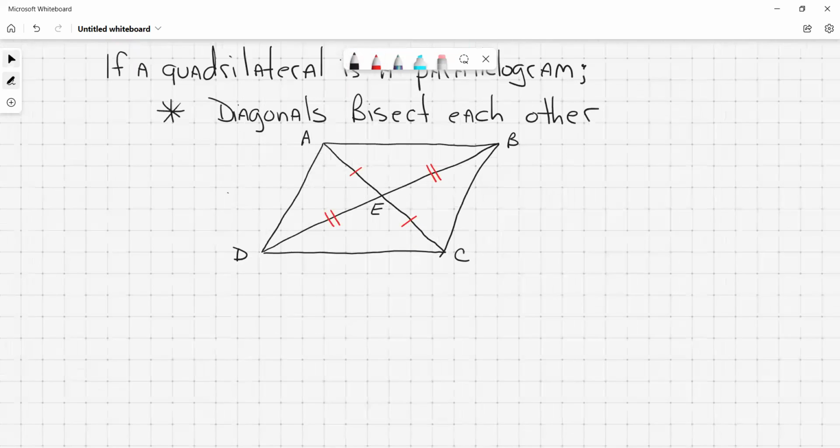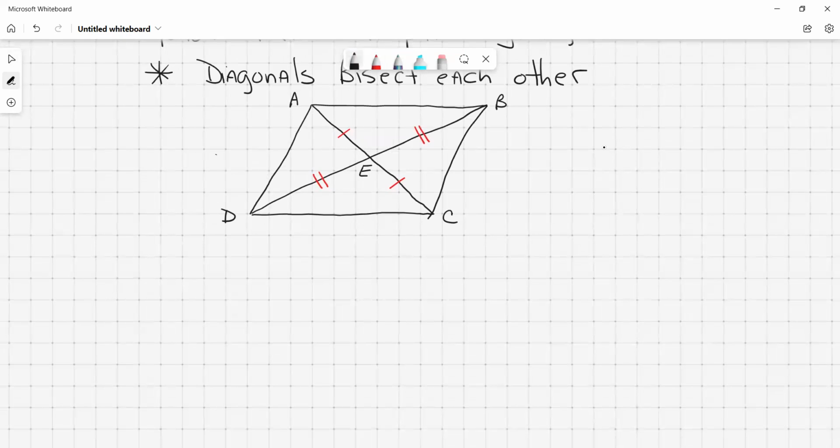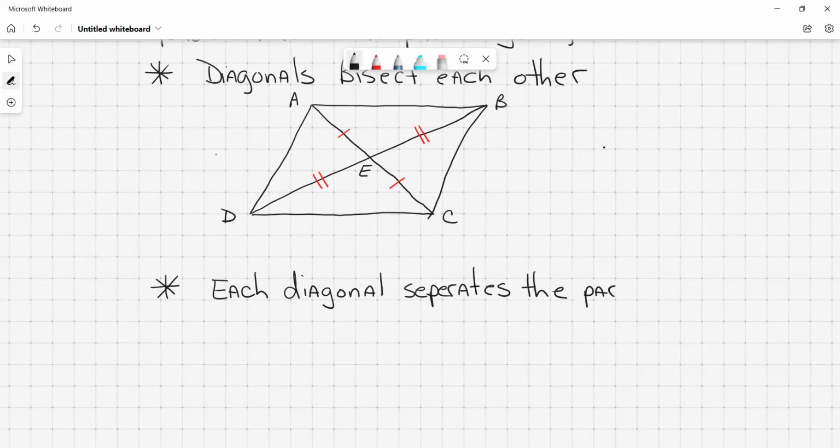The second rule, if a quadrilateral is a parallelogram, says that each diagonal separates the parallelogram into two congruent triangles.